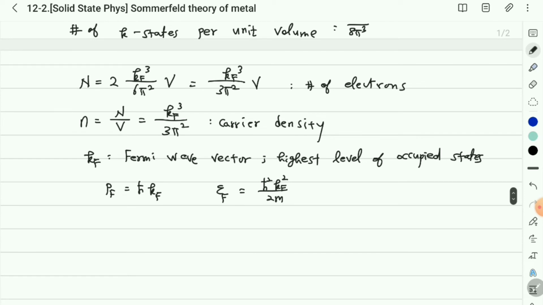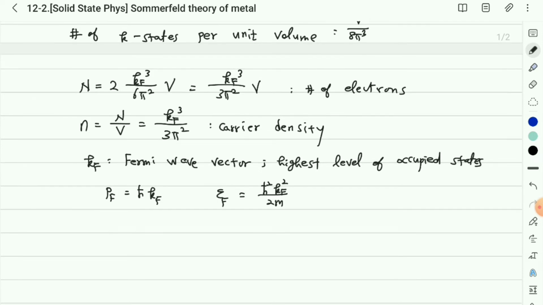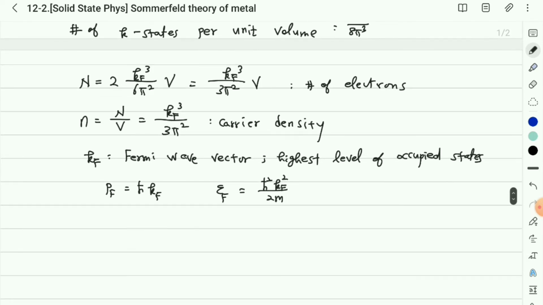And the Fermi energy is very important. I will describe the physical meaning of the Fermi energy. Actually, when we think about the inverse, 1 over n, it means V over n.